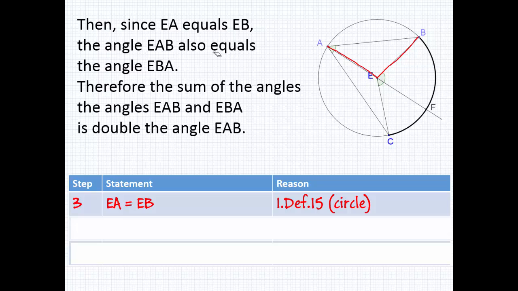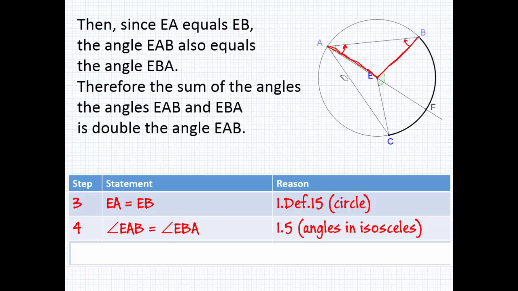The angle EAB also equals the angle EBA. EAB, this angle here, equals EBA. How do we know that that's true? Well, this is an isosceles triangle, and Book 1, Proposition 5, told us that the angles inside, and actually on the outside if we extend these lines, are equal.